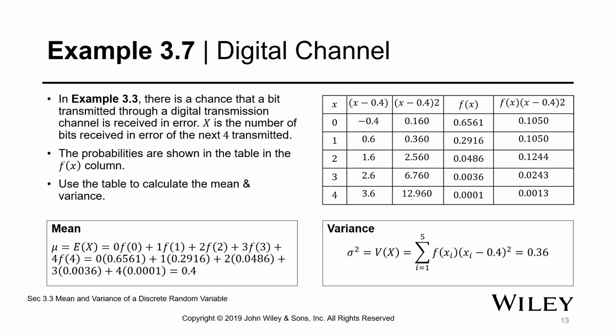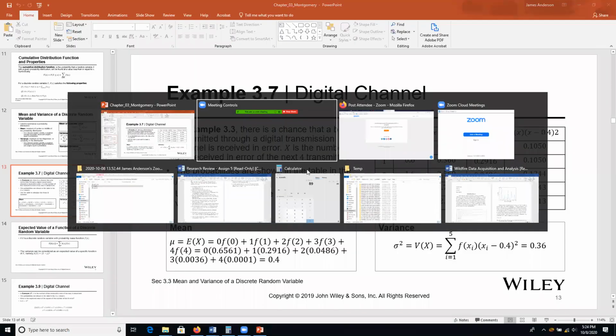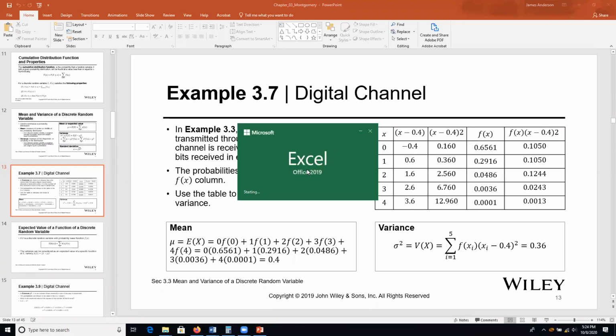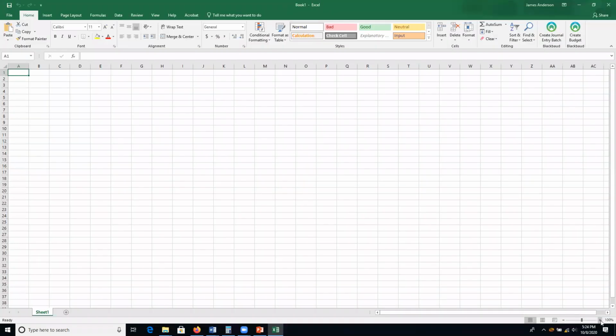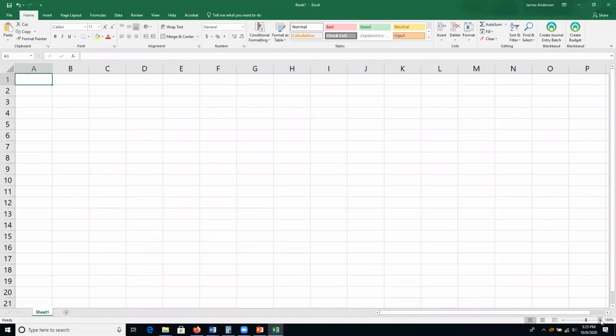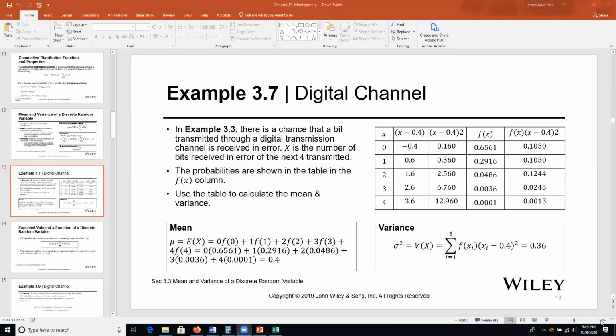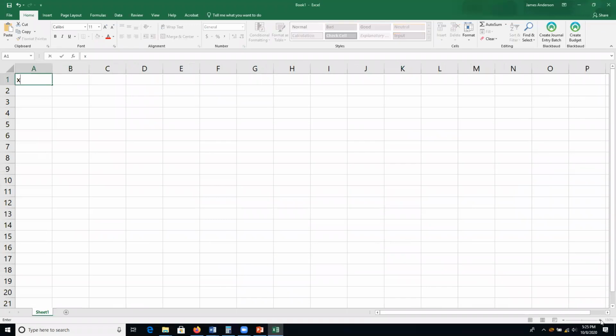So what I'm going to do is go into Excel and turn this into something sane. So I have my x value, actually lowercase x, at 0, 1, 2, 3, 4.